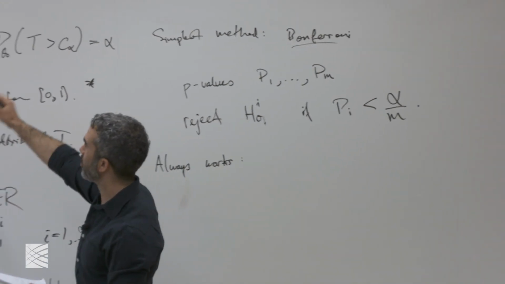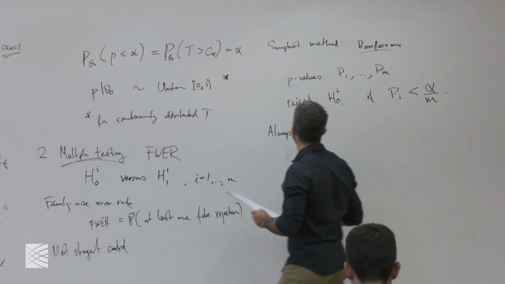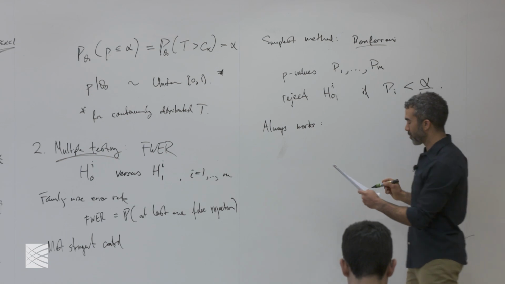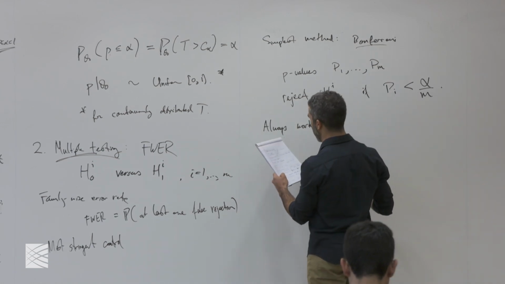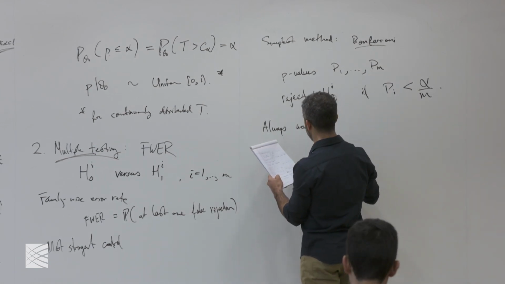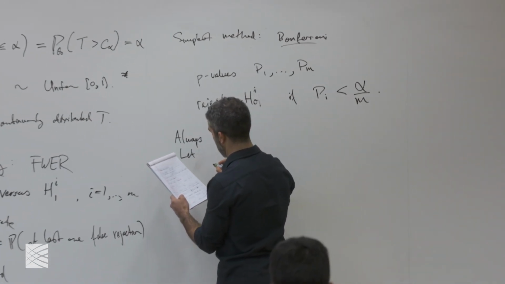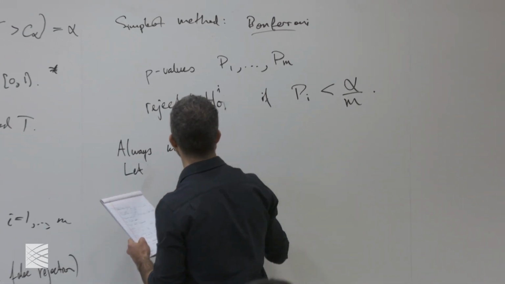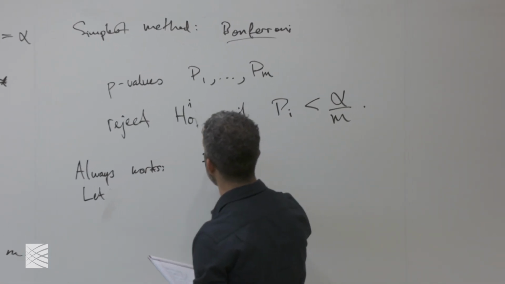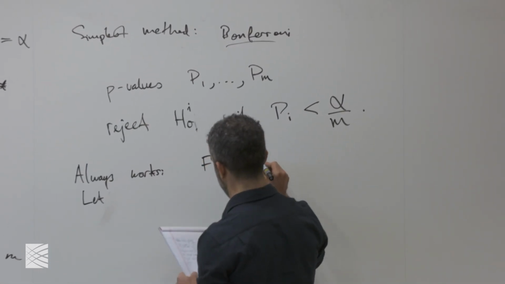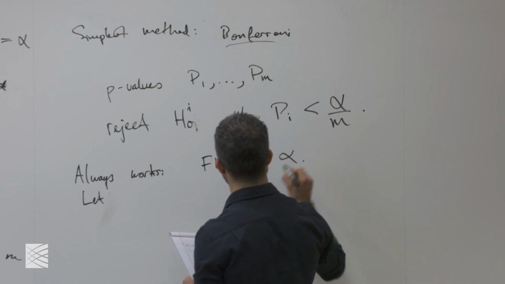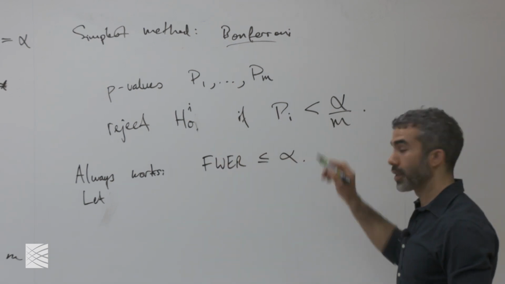Well, I guess I kind of proved this uniform distribution thing. But this is the only thing I'm really going to prove, this Bonferroni, because it's a one-line proof. So what do I mean by it always works? I mean that the family-wise error rate is at most alpha if you do this.